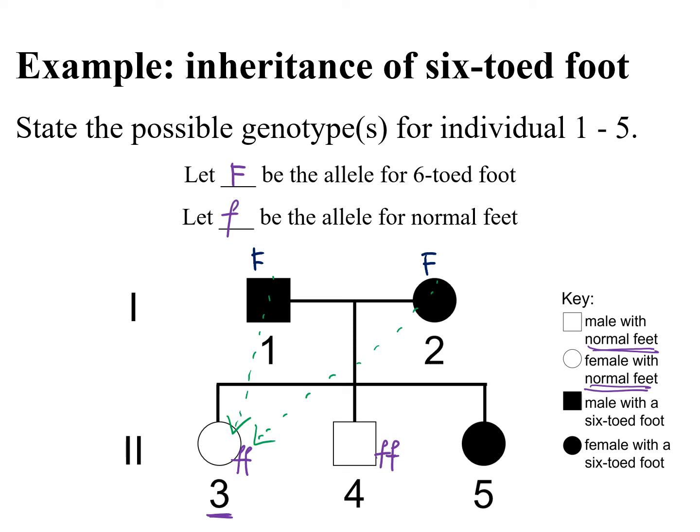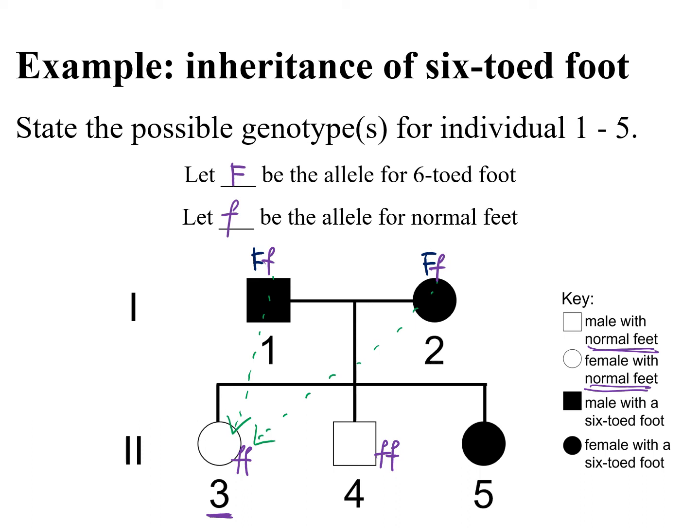Therefore, individual 1 not only has an allele for six-toed foot, big letter F, it must also have a small letter f allele for the normal feet. So is the case for individual 2, it must also have a small letter f allele for the normal feet.